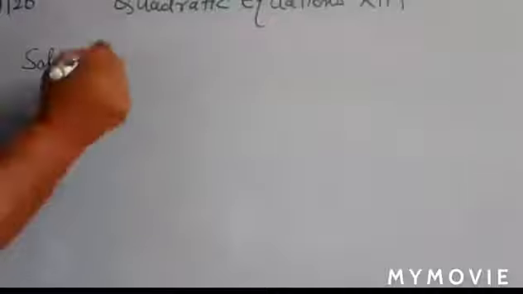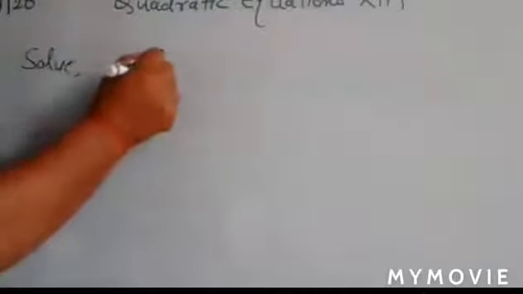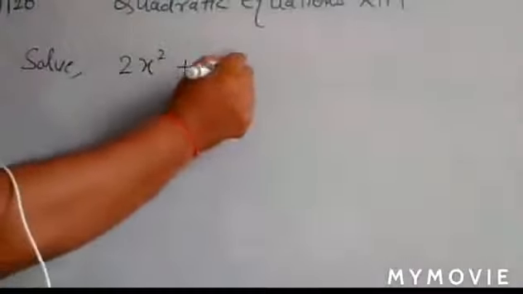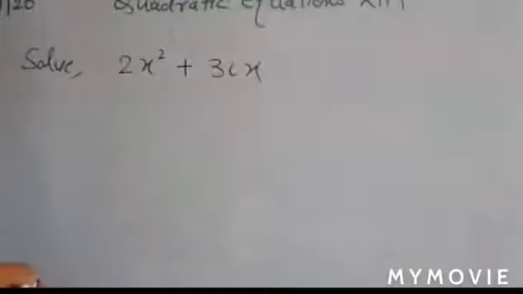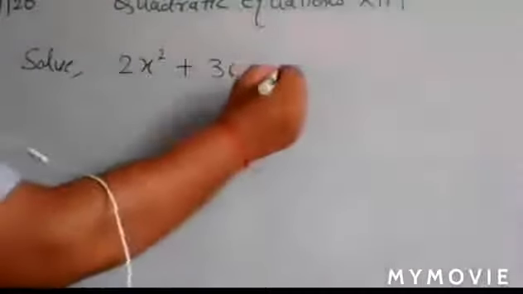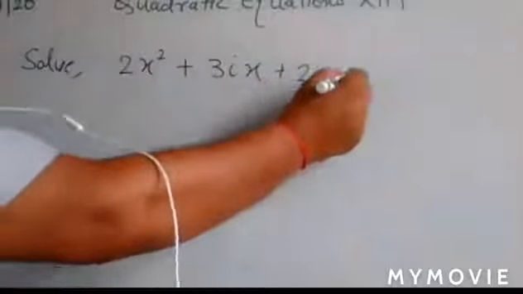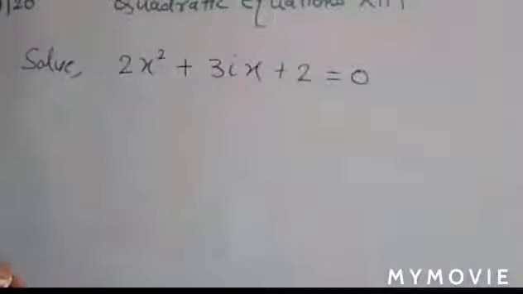Because here you have a similar type of question, and I think you are all comfortable solving for x. So write, solve 2x square plus 3ix plus 2 is equal to 0 by using the quadratic formula.